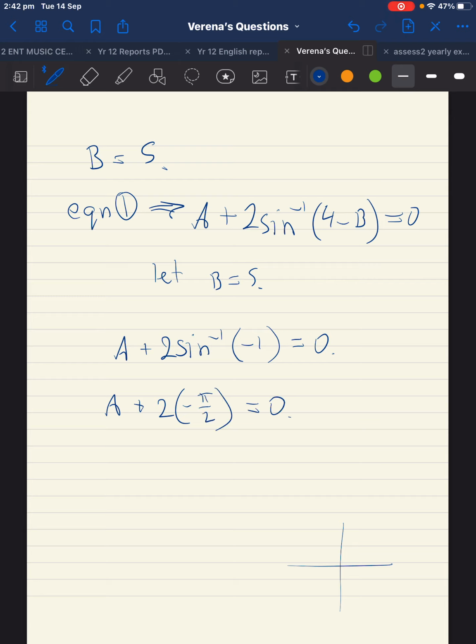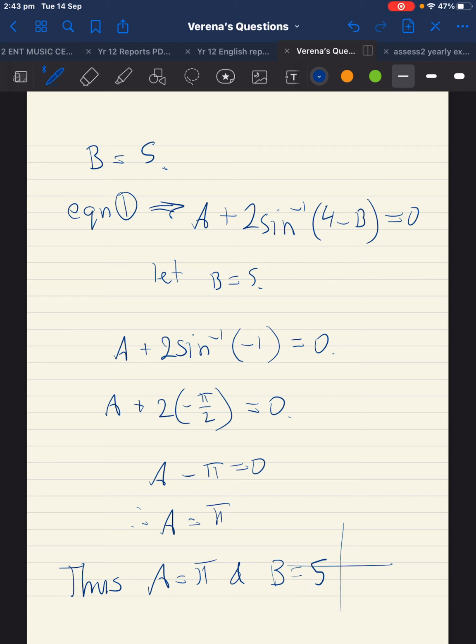And again, if you're not sure about this, you need to go back to the graph when the textbook first teaches inverse sine, to find your exact values. And so, hey, here you have it. Hence, a is equal to pi and b is equal to 5.